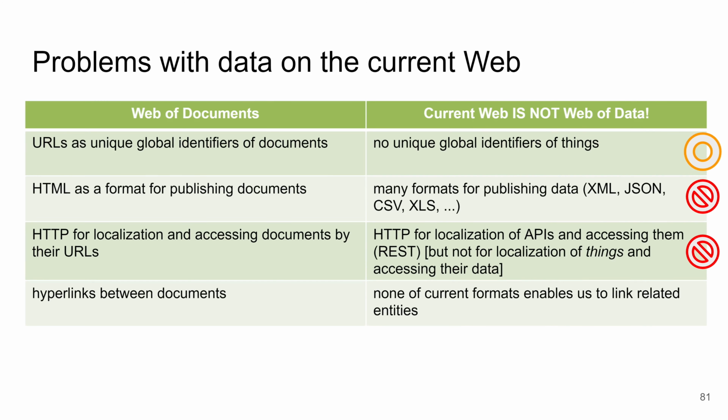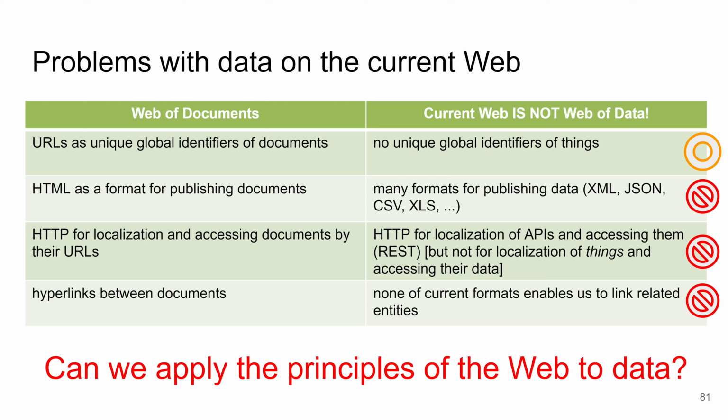And currently on the web, HTTP is used for localization of the APIs, but not for accessing these individual things in those APIs. And there are no hyperlinks between different APIs, or if there are, they are proprietary, not standard ones.